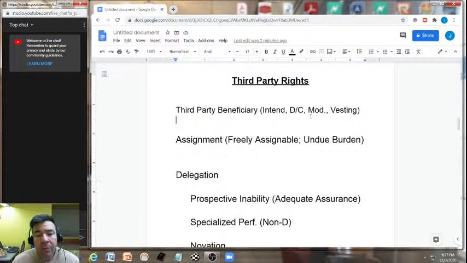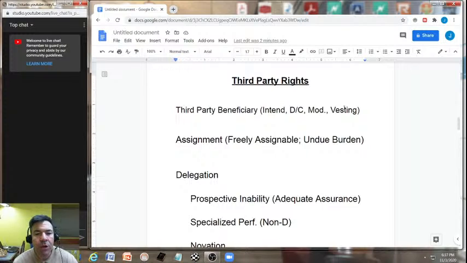Then remember, before vesting, before one of our elements has occurred, the original contracting parties can actually modify the third party beneficiary contract so that the third party beneficiary is no longer benefited by the contract. However, if vesting occurs before modification, how would vesting occur?